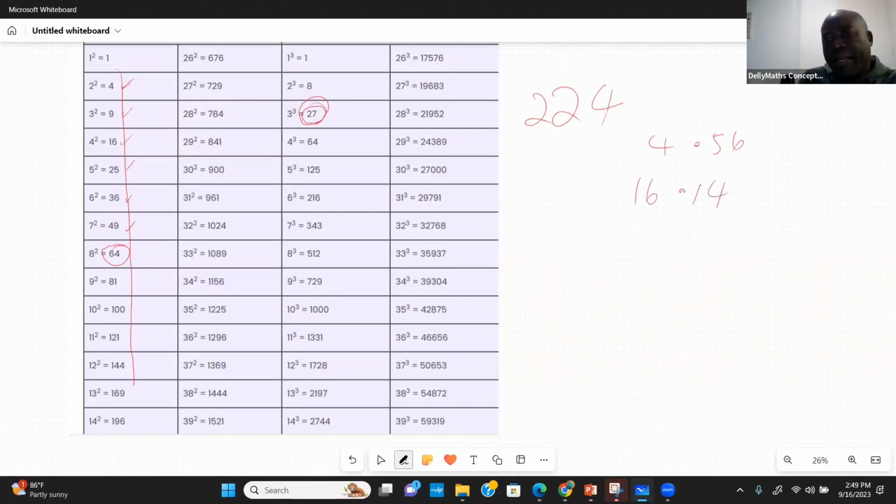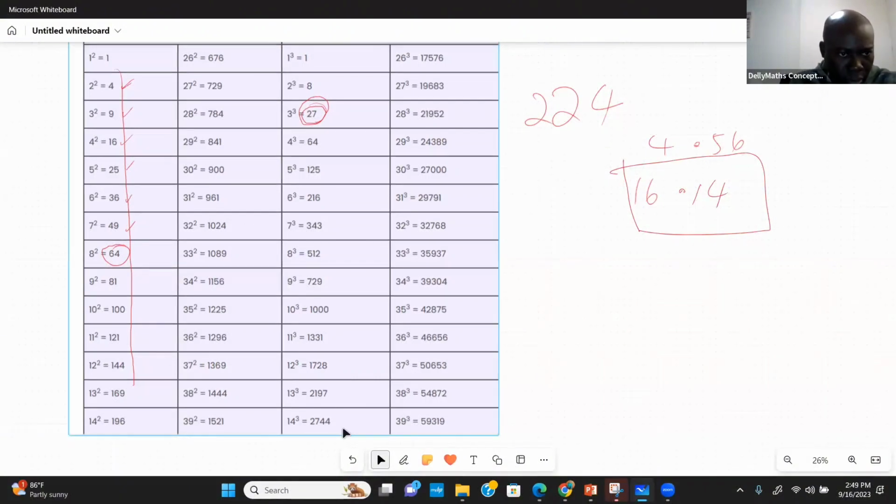That means this is a better number to use. If you divide 224 by 36, it won't work, and it goes on. So for 224, we're going to use 16 to go with that. 16 and 14 are the biggest factors that could work for that number.